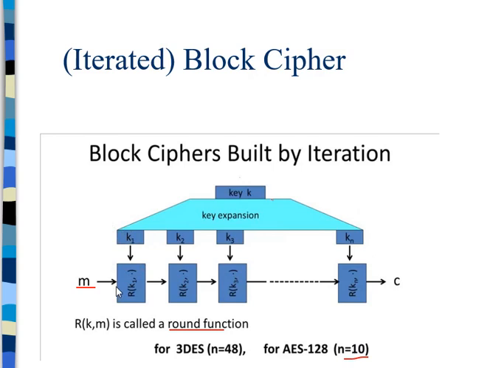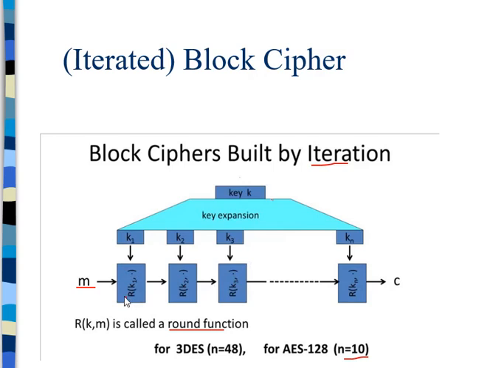In each round, as you can see here, typically we need some keys. I repeat, block ciphers normally are built by iteration, and this iteration is made with a round function.